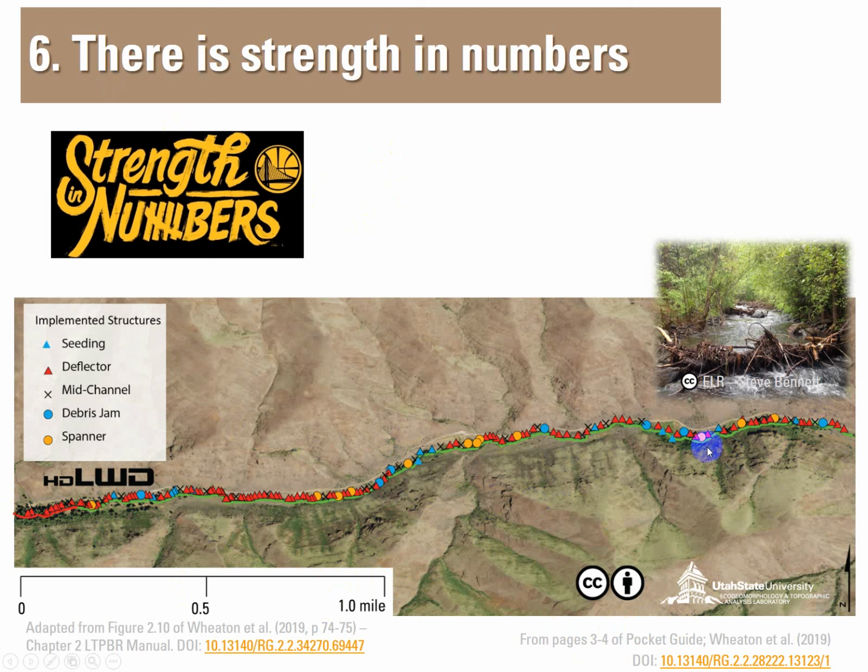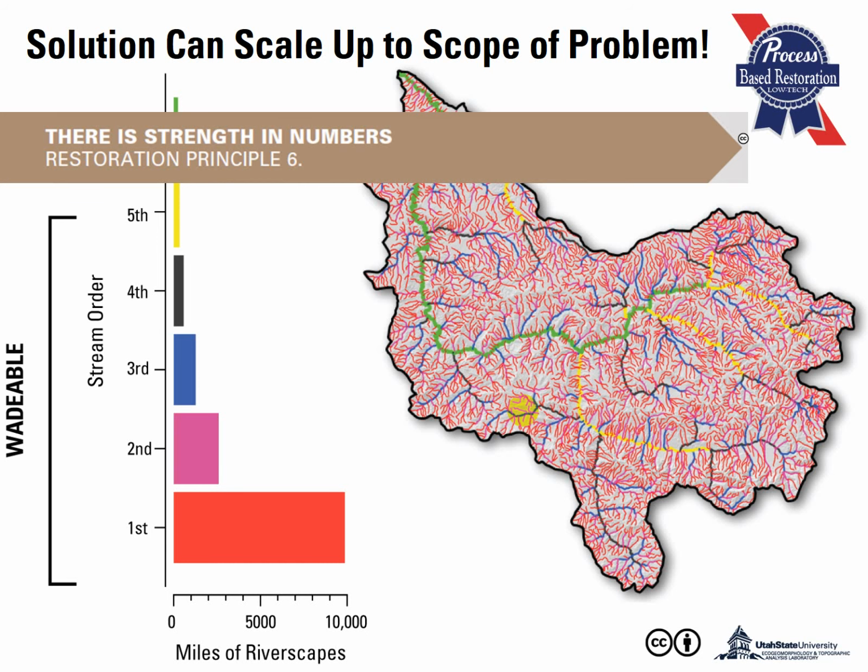This is just showing a couple miles of this, and all those little symbols, those are structures. This is way more structures than we see in standard restoration practice, okay? There's a bunch of different types, but just the density, right? You've got to hit these things hard. And in doing so, you have a lot of redundancy and an ability to scale up potentially to the scope of degradation that I talked about earlier.